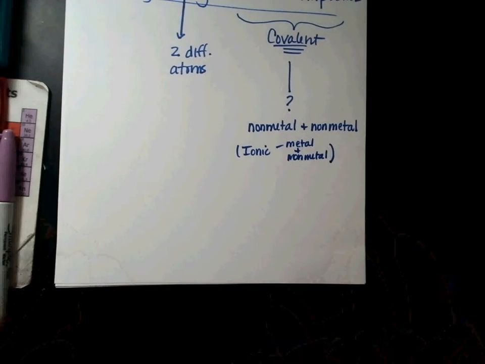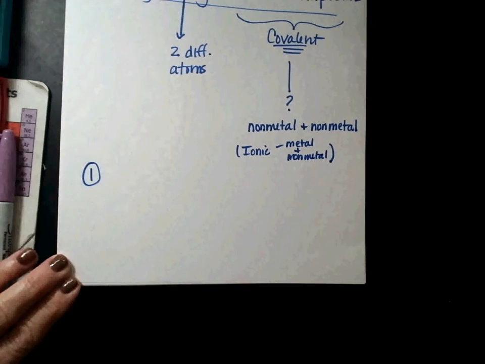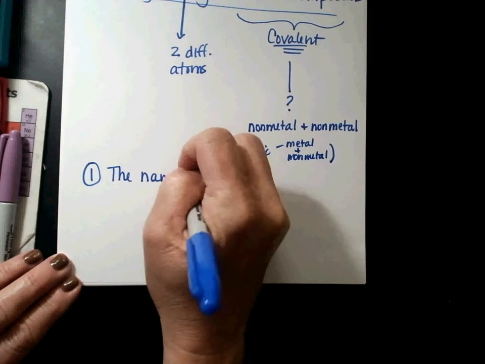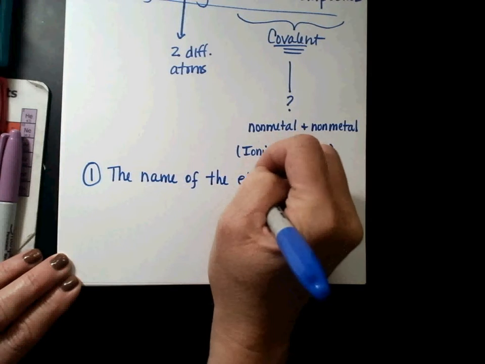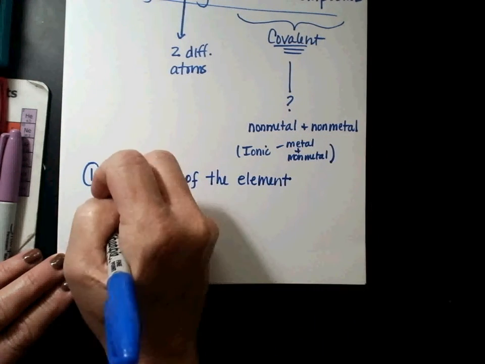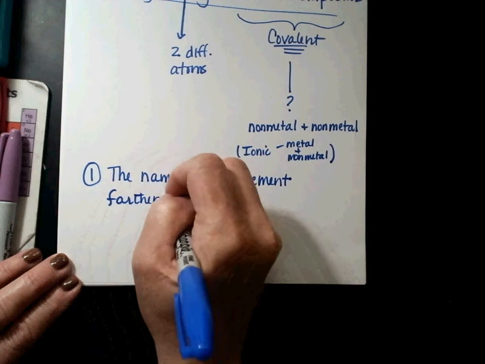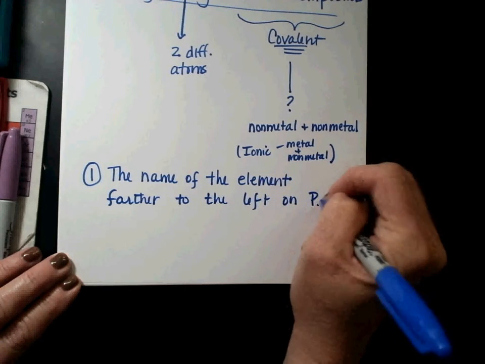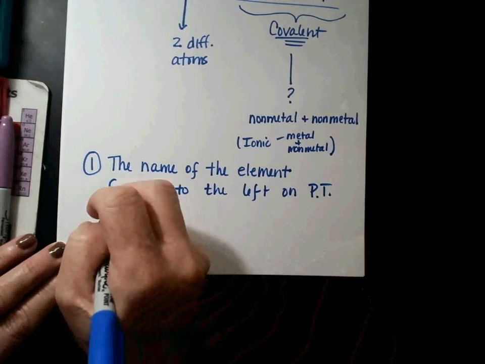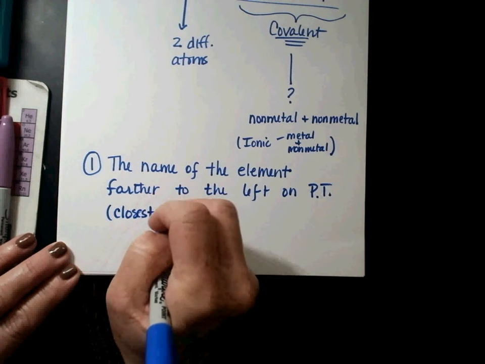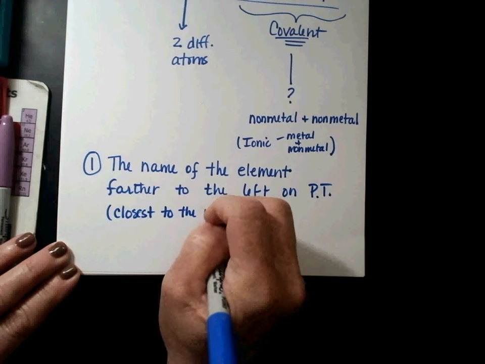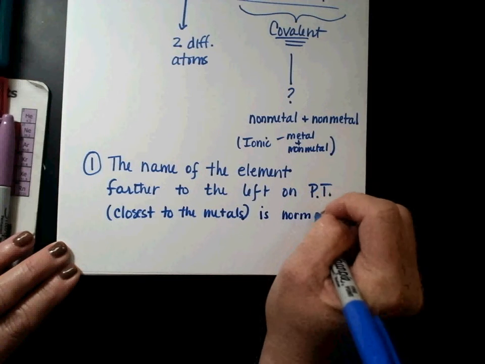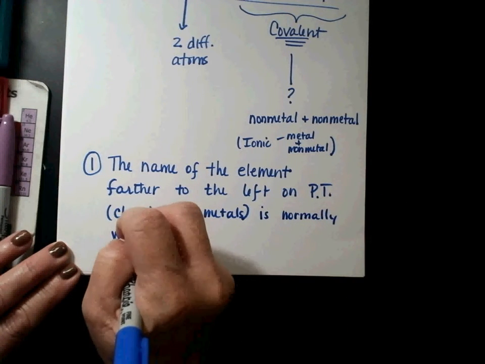So the first thing we do, generally speaking, the name of the element farther to the left on the periodic table, so that tells me it's closest to the metals, is normally written first.